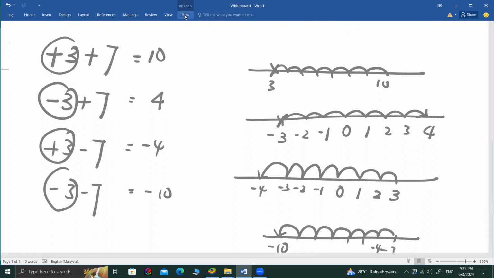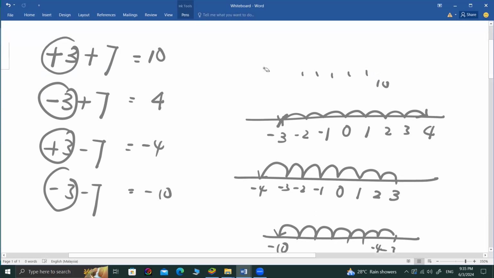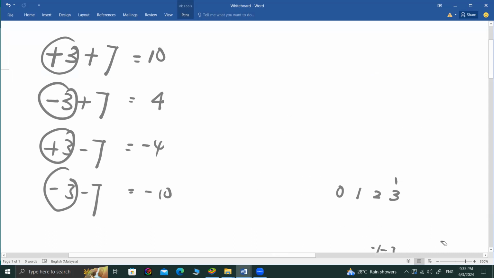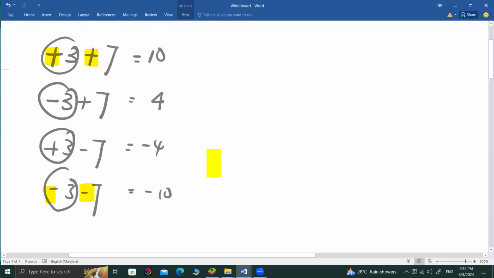Now, okay, see here. I want you to get the answer manually, directly, without a calculator. See here. When the same sign in front, if the sign in front is the same, you add them up.